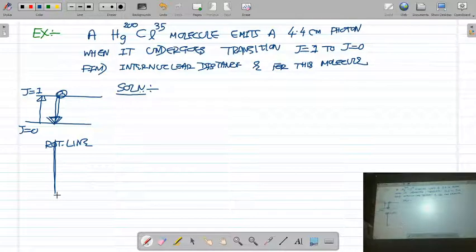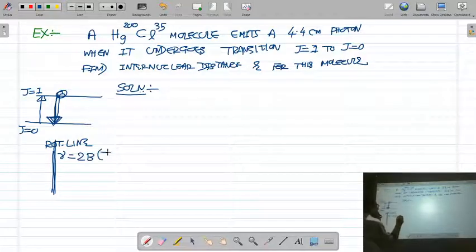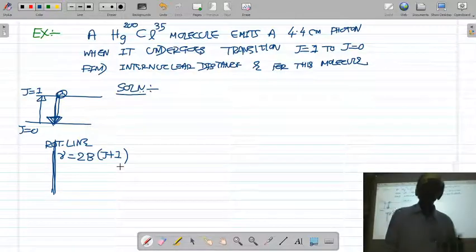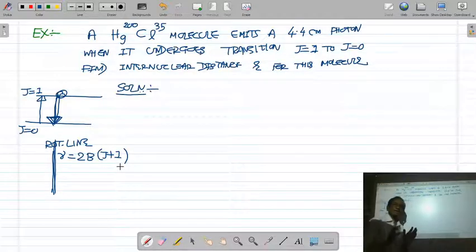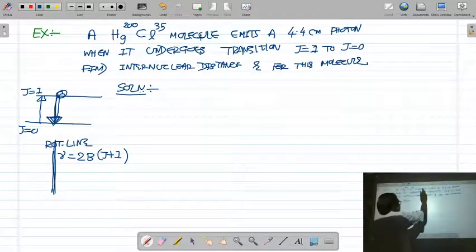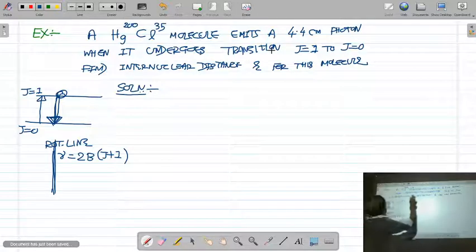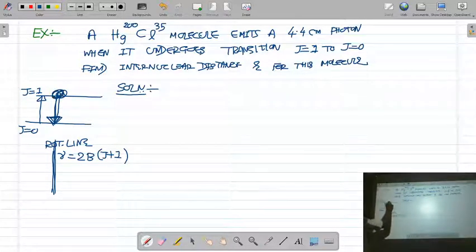This is an example of emission spectra, where the molecule undergoes a transition from upper level J is equal to 1 to lower level J is equal to 0, and it gives a rotational line whose wave number is given by 2B(J plus 1). See, in this equation, whether you study absorption or emission spectra, J is always the lower quantum number. So when the HgCl molecule undergoes a transition from higher level J is equal to 1 to lower level J is equal to 0, it will give the emission rotational line.